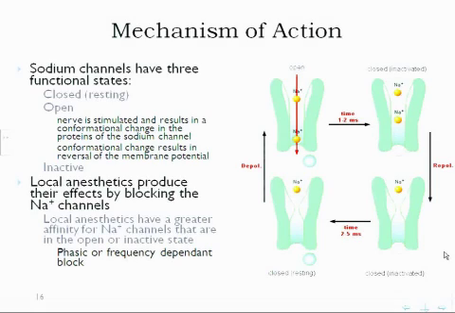This is more dangerous because it's more difficult for the cell to get rid of it. So some of the toxicity and cellular damage is thought to be that you permanently inactivate sodium channels by the local anesthetic penetrating into the actual middle of the sodium channel.